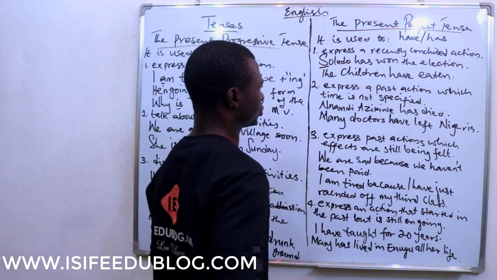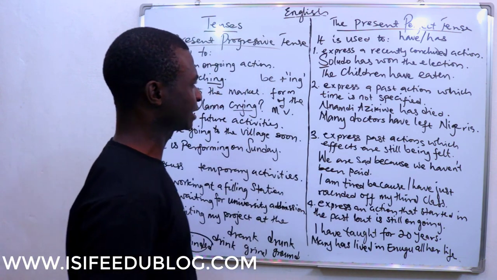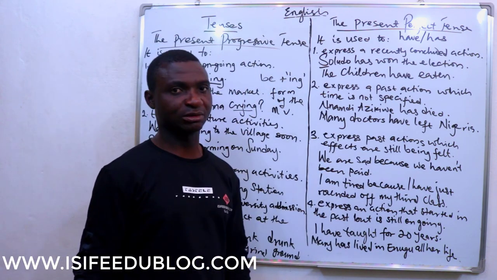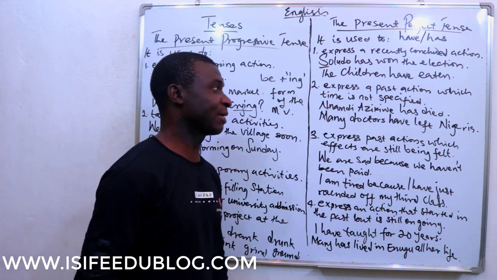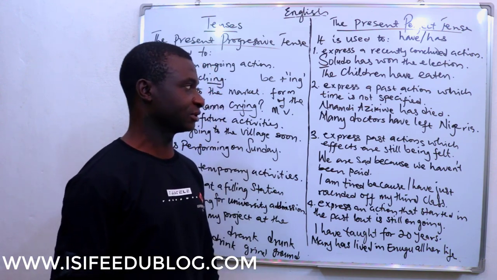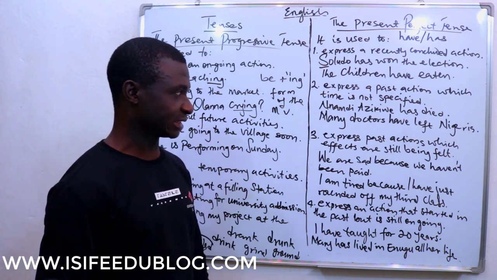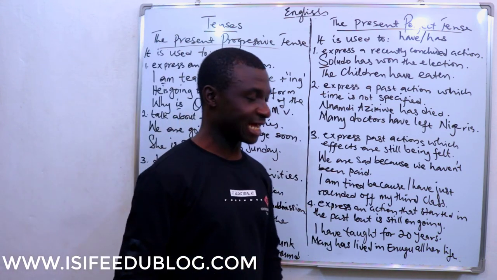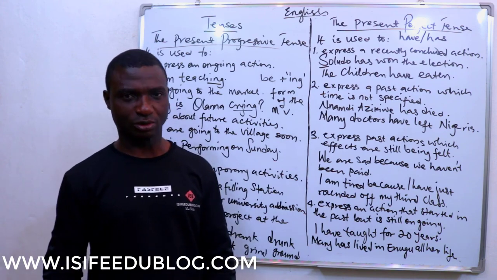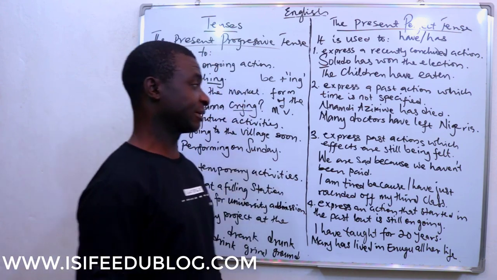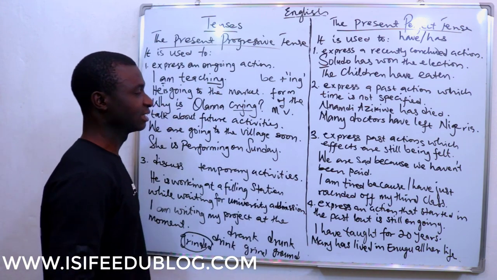We also use it to express a past action in which time is not specified. If the event happened in the past, but the time is not given, we also use the present perfect tense. Nnamdi Azikiwe has died. This took place a long time ago, sometime in 1996, if I'm not mistaken.